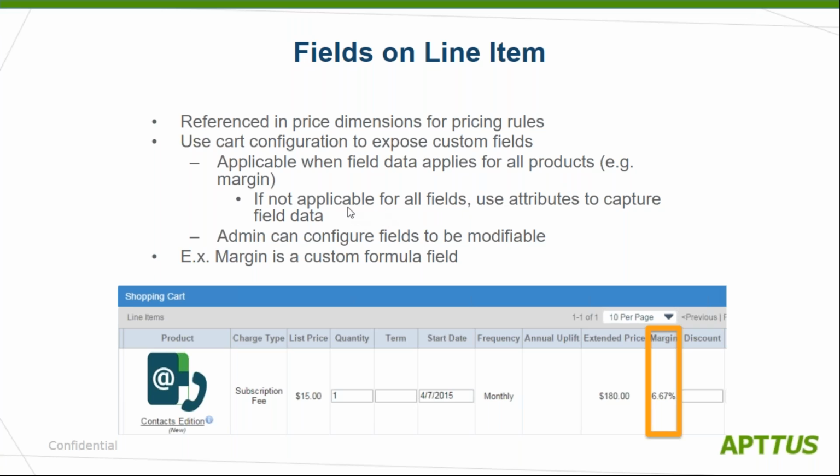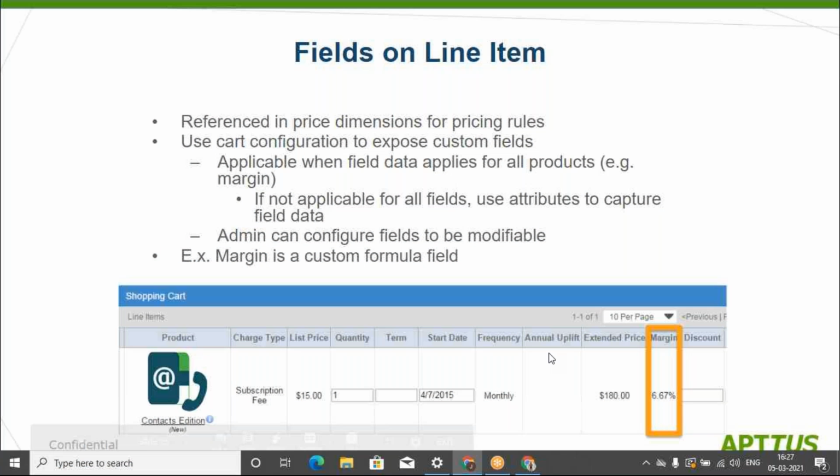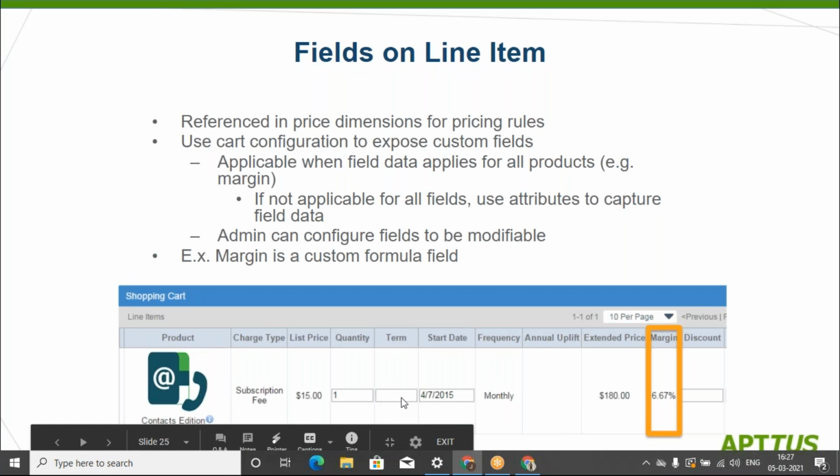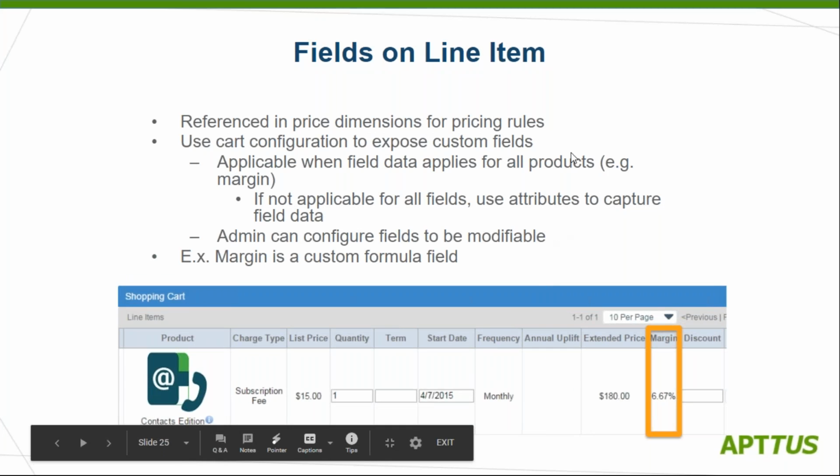This is the best practice: if the field data will be applicable for all products, then it is ideal to create a field on the line item object, because there is no condition we can put so that it is only applicable to one product and not all the products on the line item.